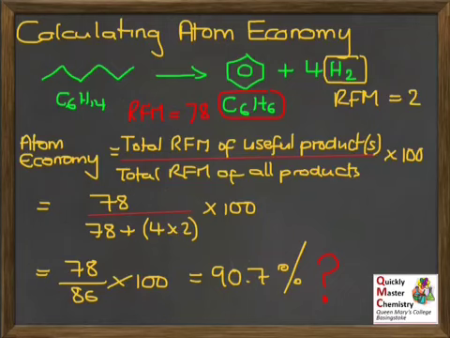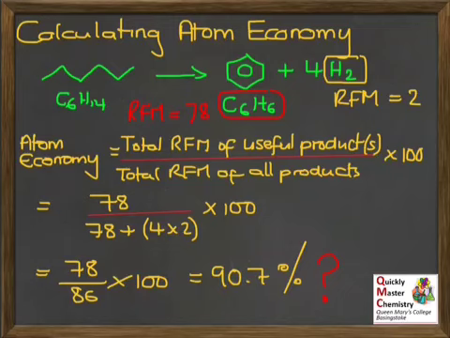I should just point out here that sometimes when you see the method for working out atom economy written down, you'll see that it's defined as being the total relative formula mass of all the useful products, like here, but divided by the total formula mass of all the reactants. Now, it makes absolutely no difference because, of course, all the atoms in the reactants are the same as all the atoms in the product.